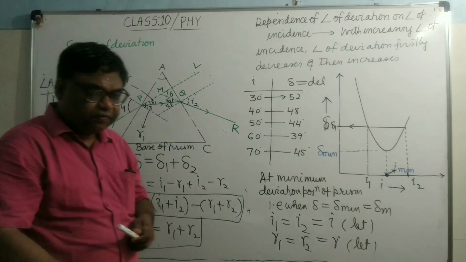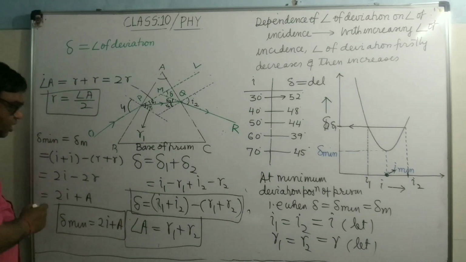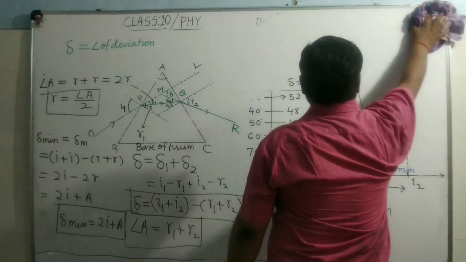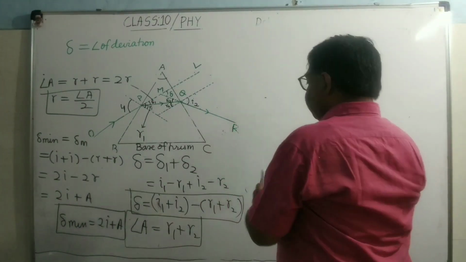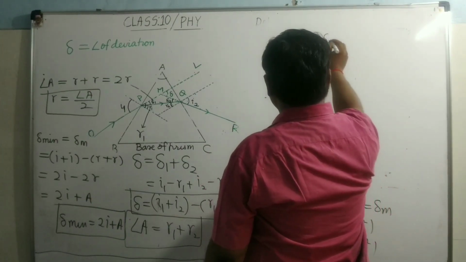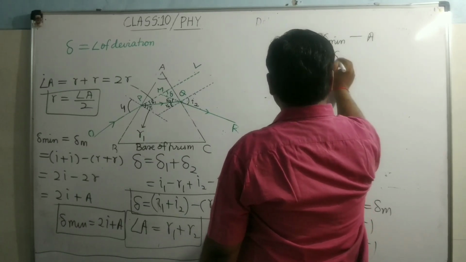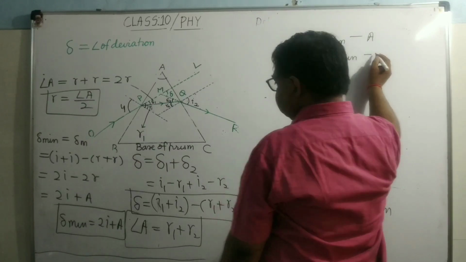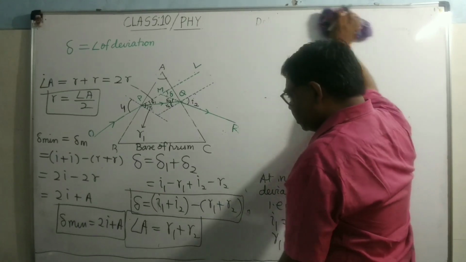Now this is one relation. This is also one relation. It's clear? Now if we find the value of i from there, what will be 2i? Delta minimum plus A. No, this is not correct, I have not written correctly here.